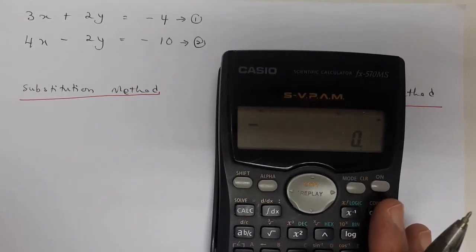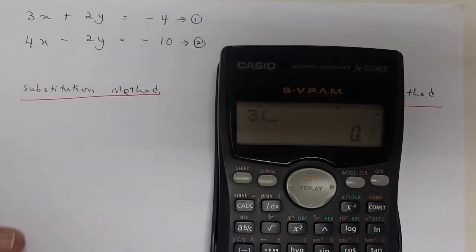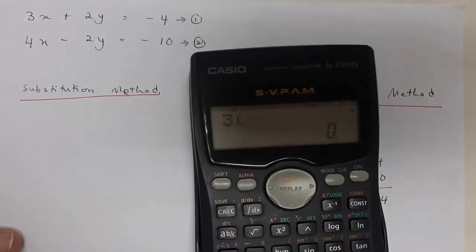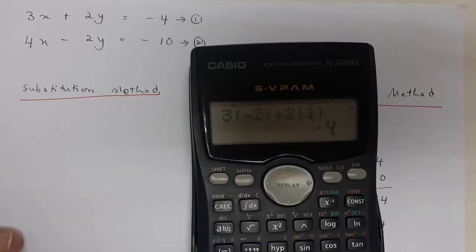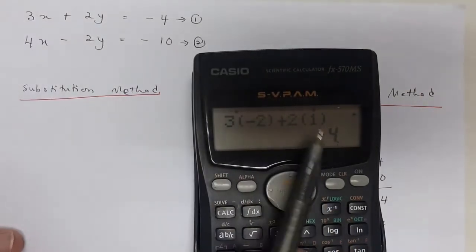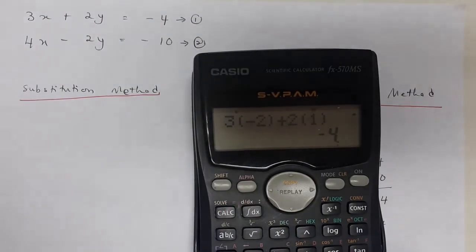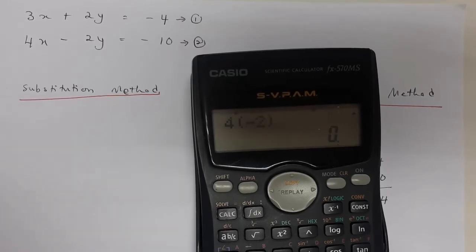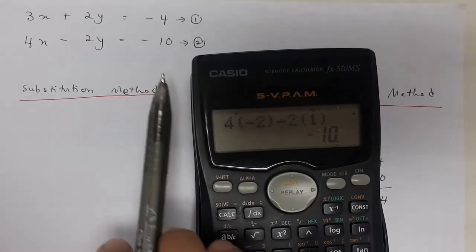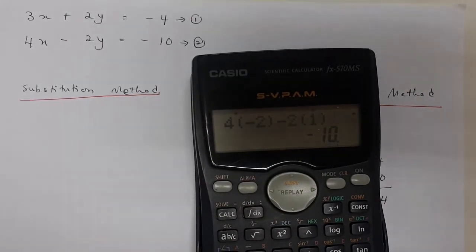Let's see. 3 multiplied by negative 2 plus 2 multiplied by 1 equal negative 4, which is correct. And then try the second equation. 4 multiplied by negative 2 minus 2 multiplied by 1 equal negative 10. Which is also correct.